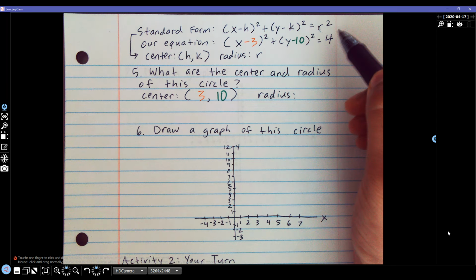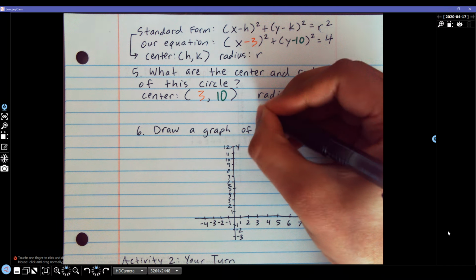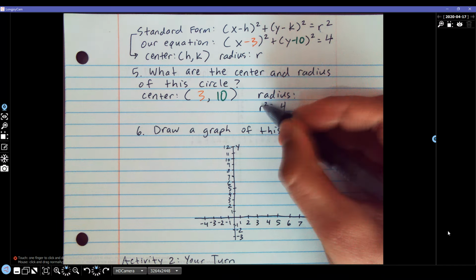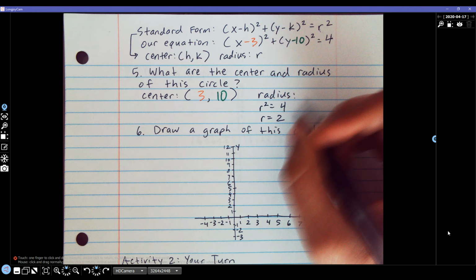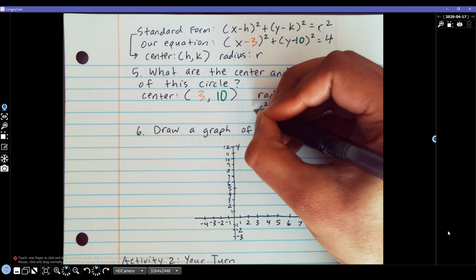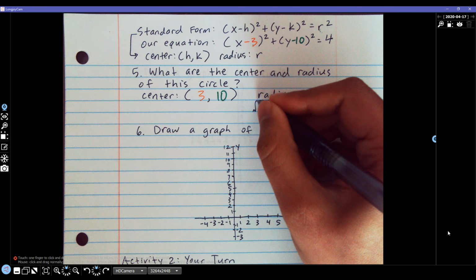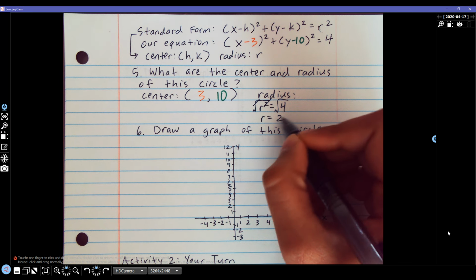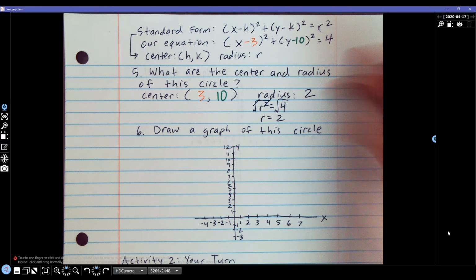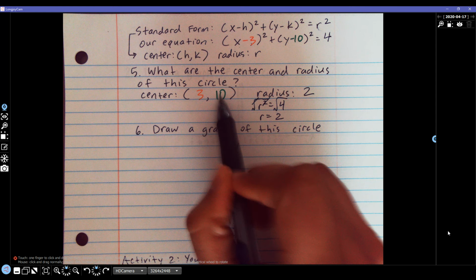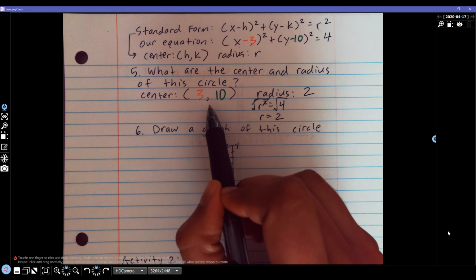So just think to yourself, if r squared is equal to 4, some number squared has to equal 4. We know then that r will be equal to 2. So you can do this kind of intuitively. You could also take the square root of both sides. The radical and the exponent cancel out, and then r will be equal to the square root of 4, which is 2. So radius is equal to 2. So now we have used our standard form to find the coordinates of our center as well as the radius.